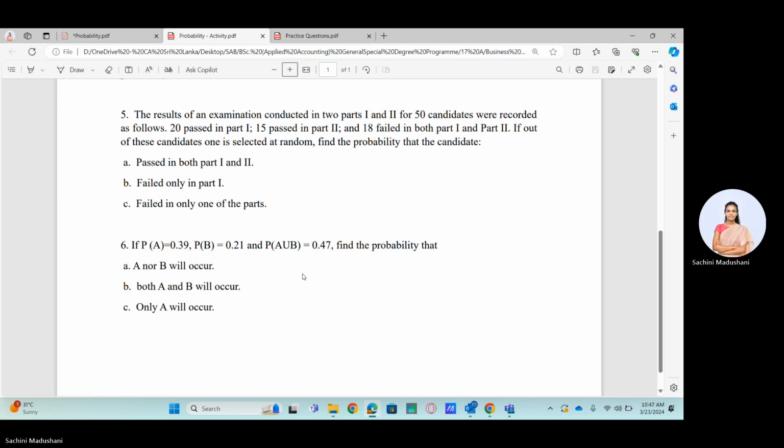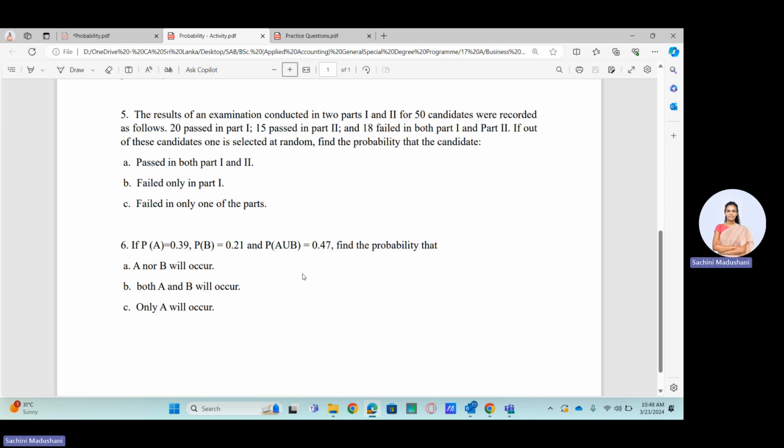It's clear? Okay, then we can find the value of passing both part 1 and part 2. What does that mean? Which operation? Both means intersection. Both means common. So passing both part 1 and part 2 is the intersection, and the question asks for the intersection.